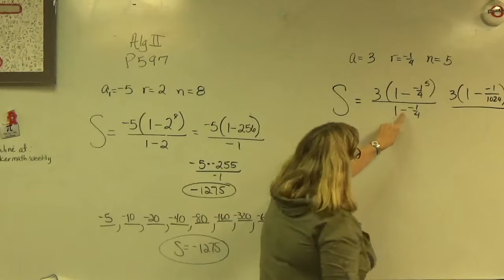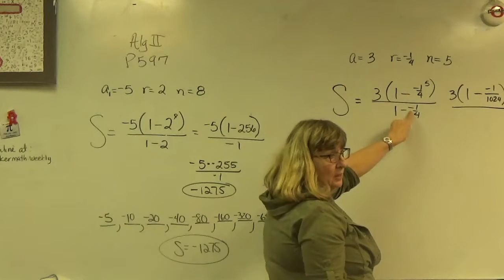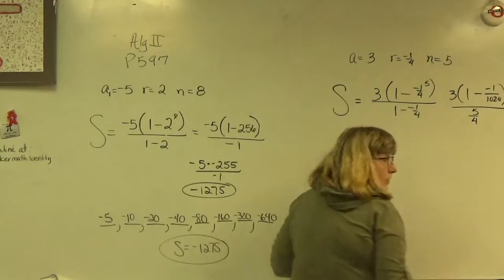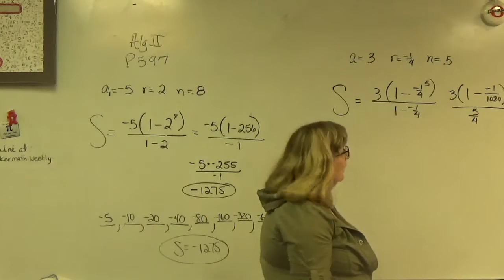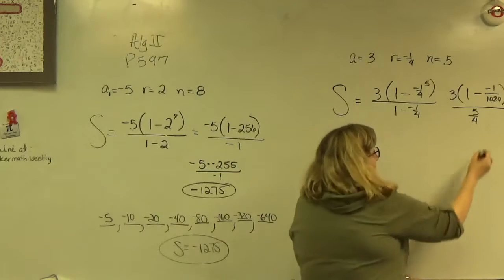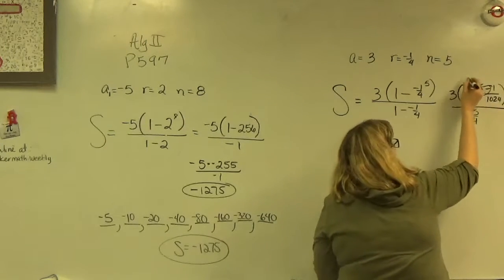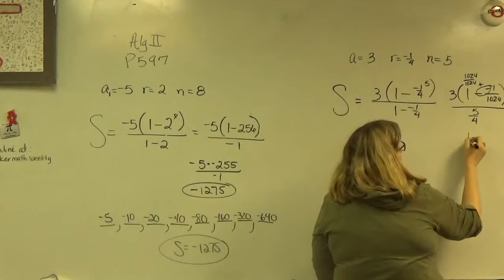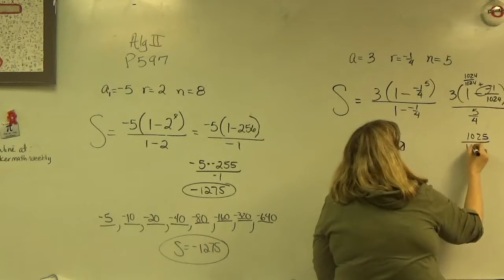And on the bottom, 1 minus a negative 1/4 is a positive 1 1/4, and I'm going to go ahead and write it 5/4 because I know I have to invert and multiply. Now, 2 negatives up here make a positive, so isn't it 1025 over 1024?